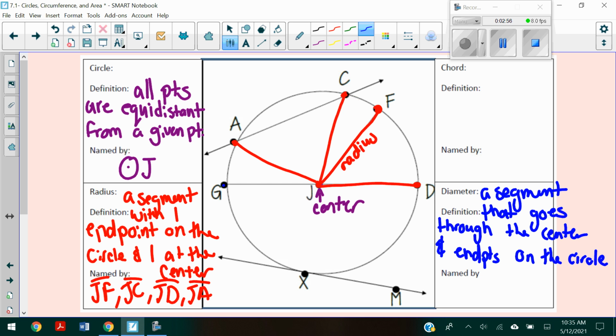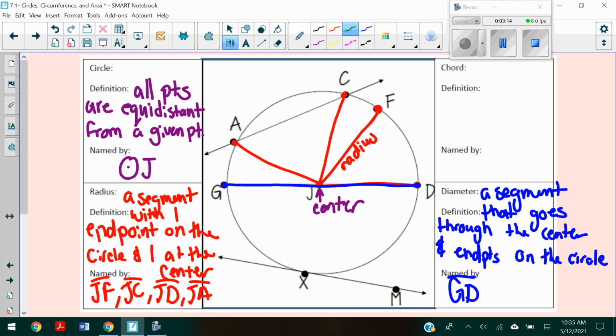So we have here GD is a diameter. The diameter is twice the radius, and the radius is half of the diameter.